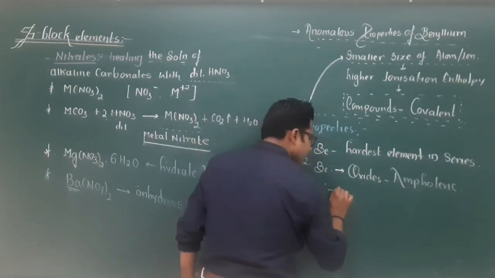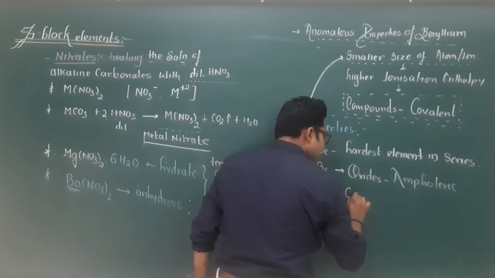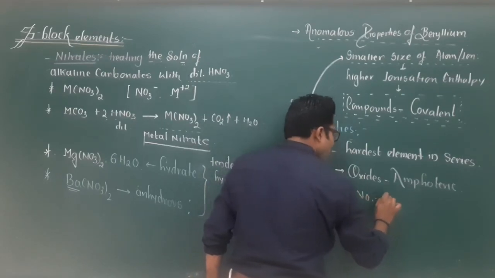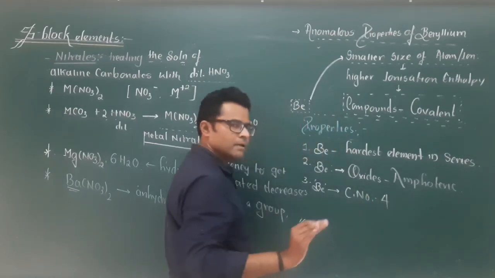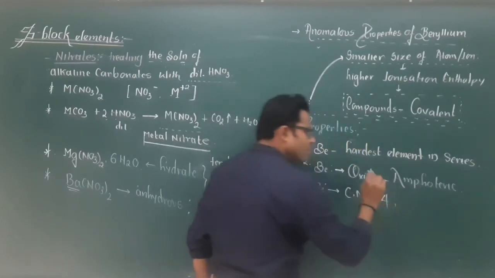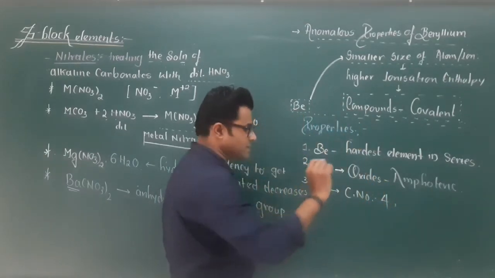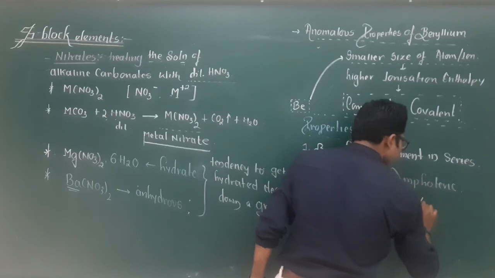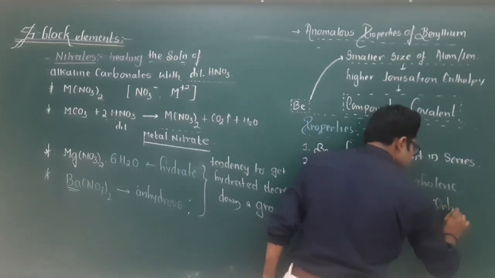Beryllium can have a coordination number of 4 because of the involvement of 4 orbitals, as it has just 4 orbitals.